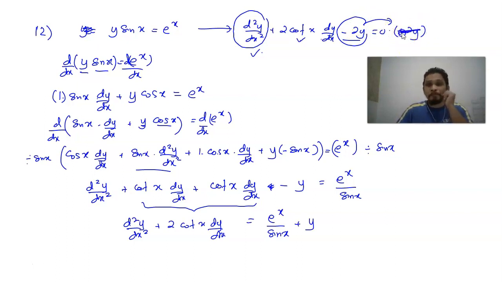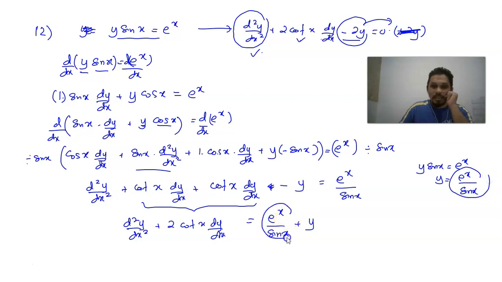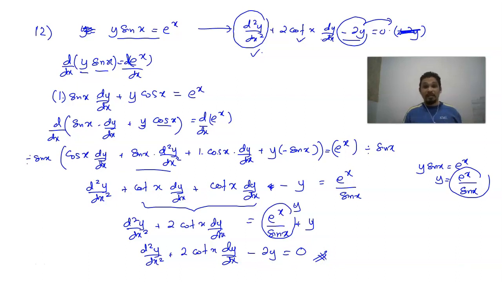Now from the equation y sine x equal to e^x, y equal to e^x divided by sine x. So this is our y, right? Y plus y. So the second derivative of y with respect to x plus 2 cotangent x dy/dx minus 2y equal to 0. That's it. Luckily I can solve this question.